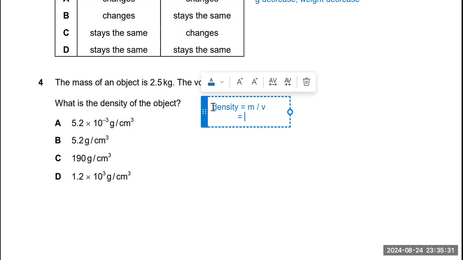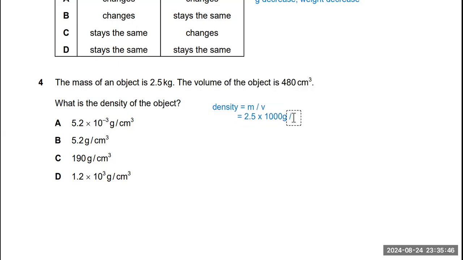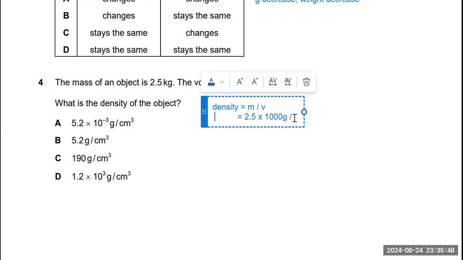When you want to convert kilogram into gram, you have to multiply by 1000. I will write here 2.5 multiplied by 1000 gram divided by the volume, which is 480 centimeter cube.